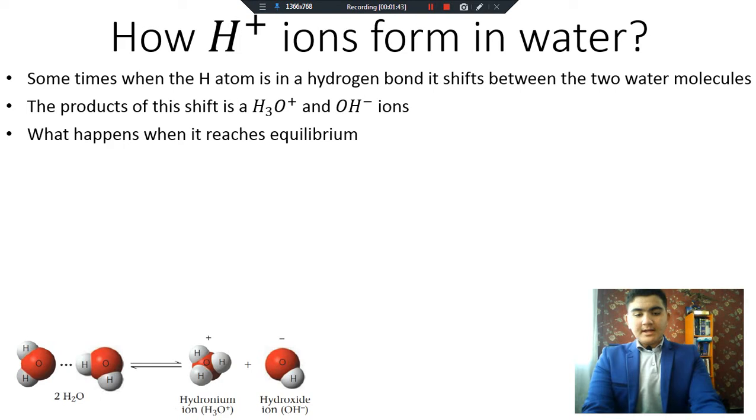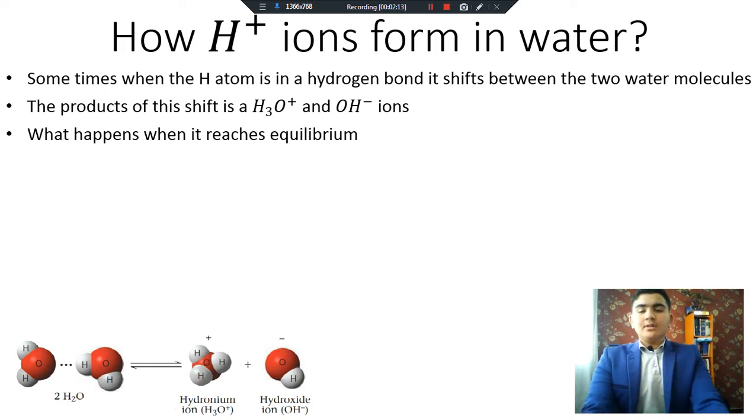Have in mind that H plus ions do not exist by themselves in aqueous environments; they always exist in a hydronium structure. This reaction is reversible, as shown by the double arrow.